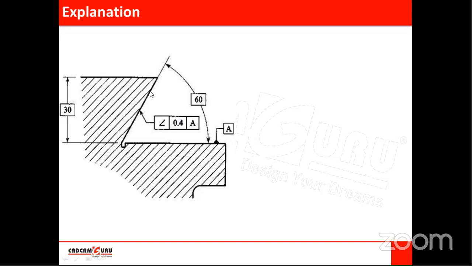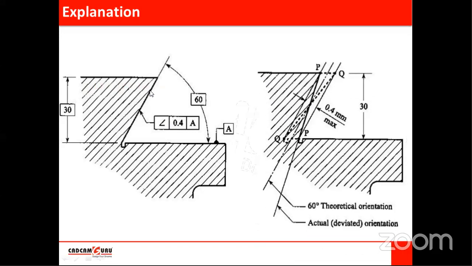So what is its meaning? Here, this is the possible deviation, PP or QQ. These are the two possible errors or orientations of the surface. Okay, when we consider error or change in orientation, if the angle is not perfectly 60 degrees, then the change in orientation might be like this, like PP or like QQ.